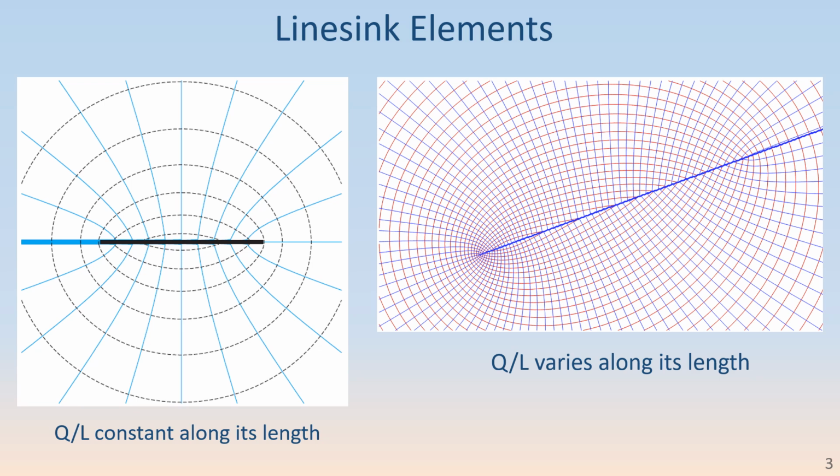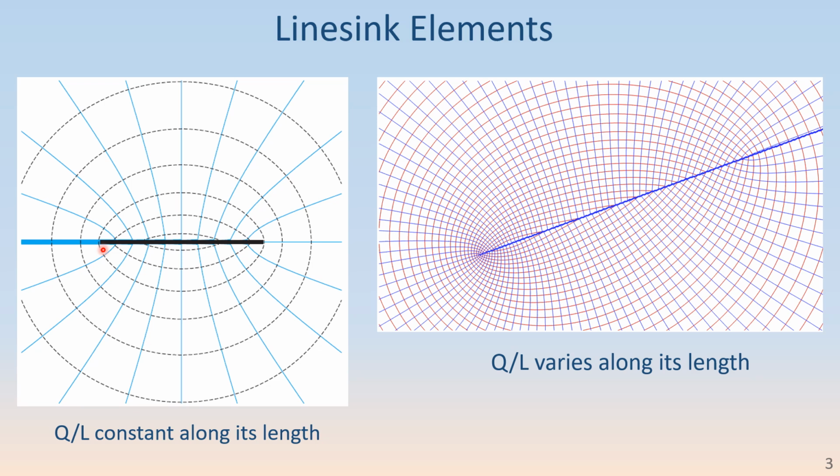So the one on the left is the simplest kind of line sink, where the rate of discharge is consistent along the whole length of the line sink element, which is shown in black here. And you can tell that it has a consistent rate of extraction along its length because the spacing between these stream function contours, which are blue, is consistent all along its length.